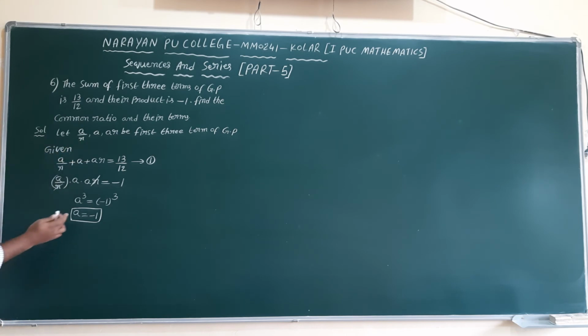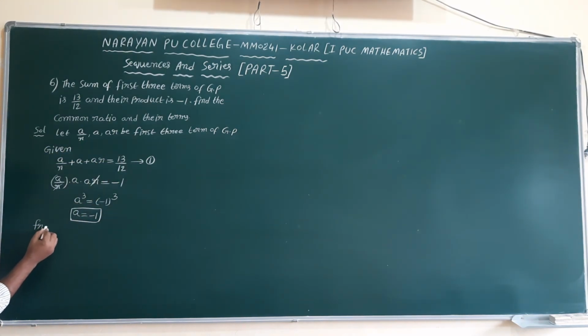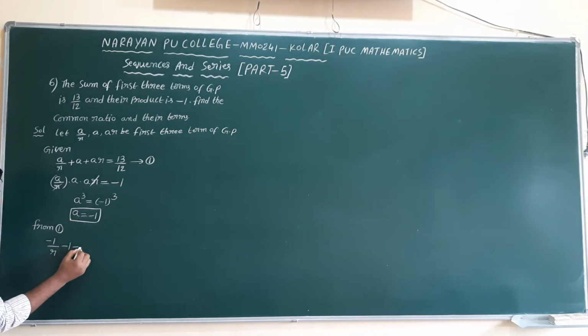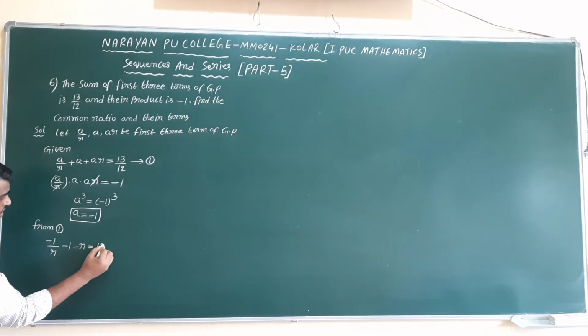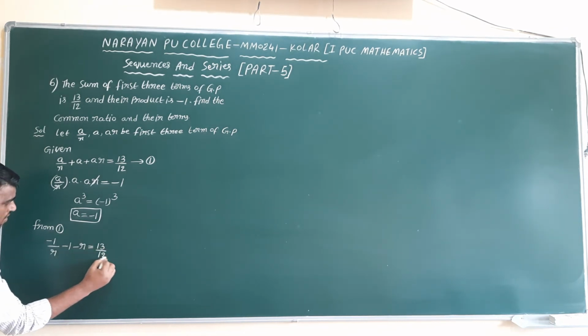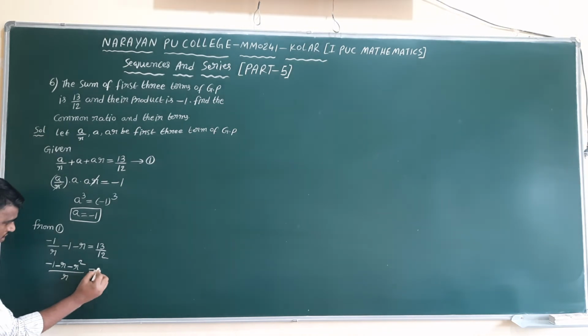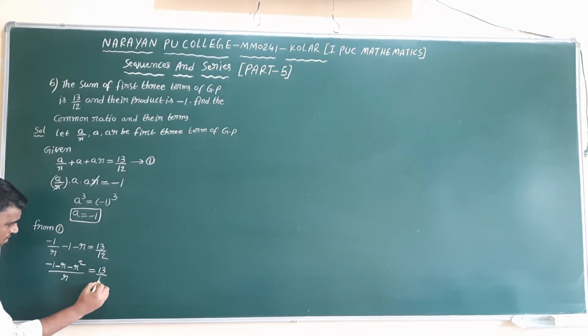Okay. Now A value -1 substitute in 1. From 1, -1 divided by R plus A plus AR means -1 minus R is equal to 13/12. Take LCM. -1 minus R square divided by R is equal to 13/12.